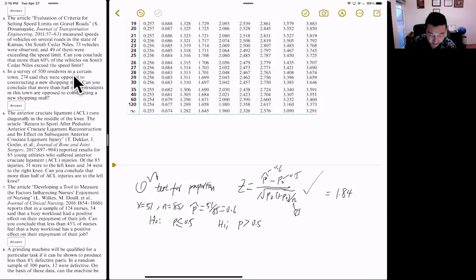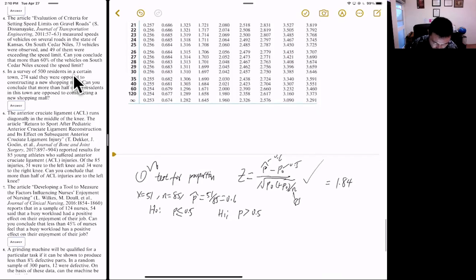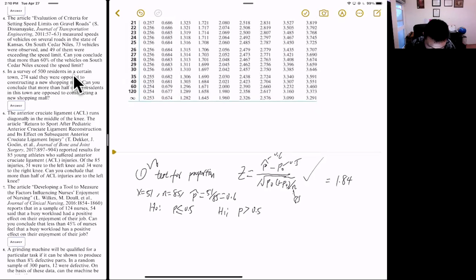Okay, so then we calculate the p-value. For the p-value, because H1 is in the form of p larger than 0.5, the p-value will be the area to the right of z of 1.84.